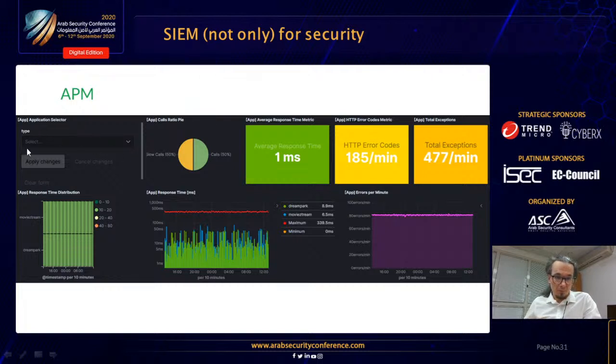Here we have, first of all, a selector for a type of application, but since it's a screenshot, never mind that. We have the ratio of calls from the applications. So what is the performance of the calls?